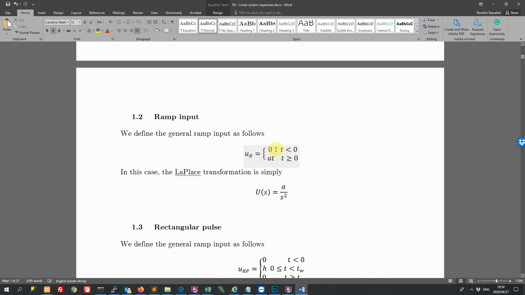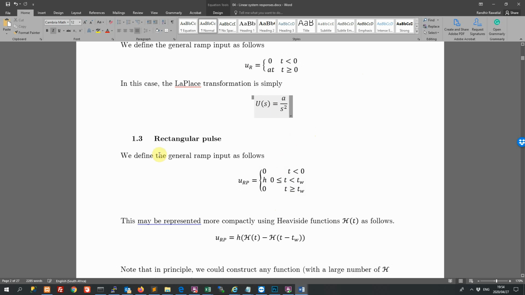So if we have no control action exerted before 0, and then at 0, we increase the control action by a fixed gradient. So it's 0, and then the control action ramps up after 0. Then we can represent that by this time function, and then we can Laplace transform. So again, go back to lecture 2 and you'll see that the Laplace transform for this function is simply this one. And so most of these are in the same vein, right?